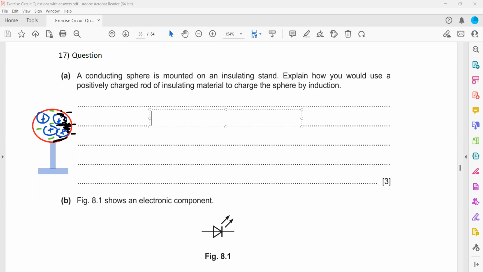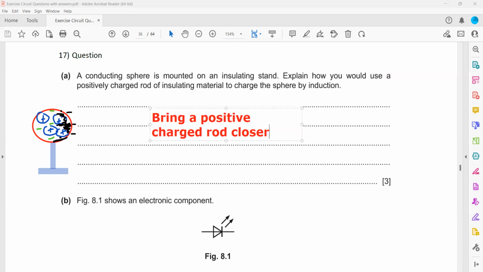So these are the points we will mention on how we can charge this object. First, we bring a positive charged rod closer to the conducting sphere, but it should not touch.